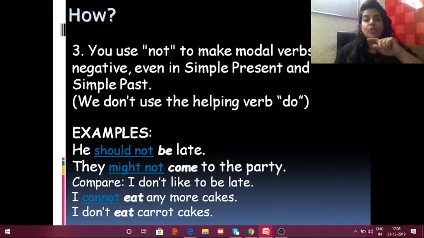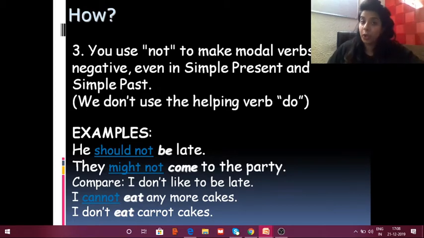You use not to make modal verbs negative, even in simple present and simple past, so we don't use the helping verb do. For example, he should not be late. Otherwise, we say do not be late. So here we are not using the helping verb do, we just use not. He should not be late.